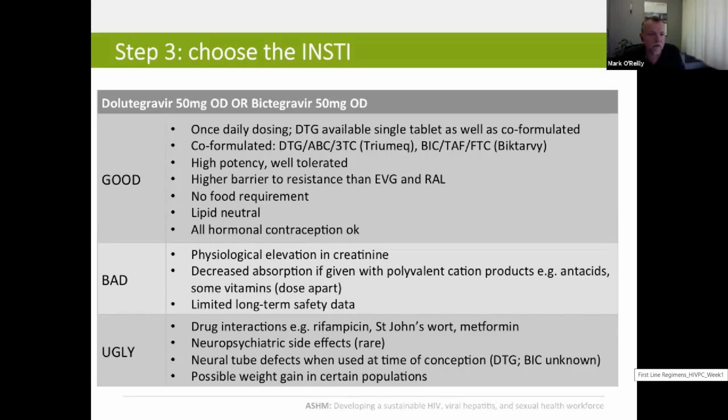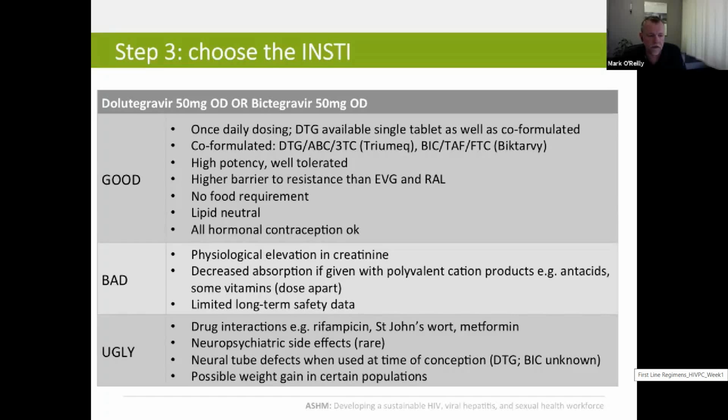And both of these drugs can have their absorption impaired if they're taken with metallic ion-containing medications, such as antacids, which might contain aluminium hydroxide, or multivitamins. So you need to be thinking about things like calcium, aluminium, and iron. And it's important, if an individual wants to take any of those medications, that they're dosed apart.